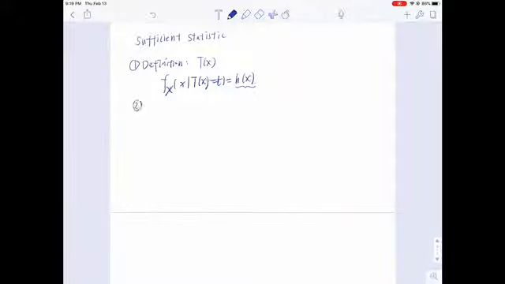Then I introduced a theorem. This theorem states that the ratio between the joint PDF of x and the marginal PDF of the statistic is constant as a function of theta.